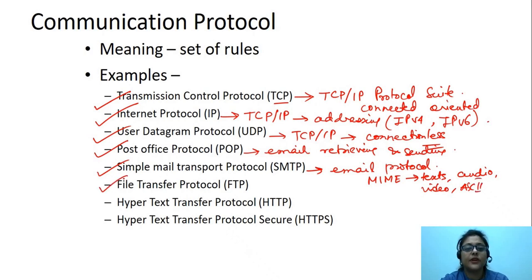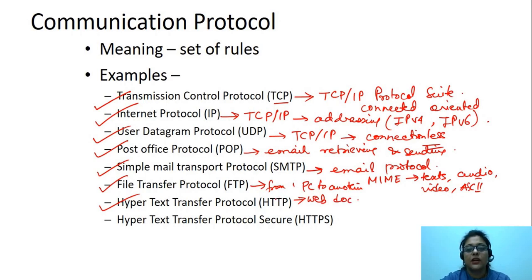Next, we have the File Transfer Protocol or FTP. This is basically used to retrieve any file over the internet from one computer, from one PC to another. Then we have Hypertext Transfer Protocol or HTTP. This protocol is used to retrieve web documents over the internet.